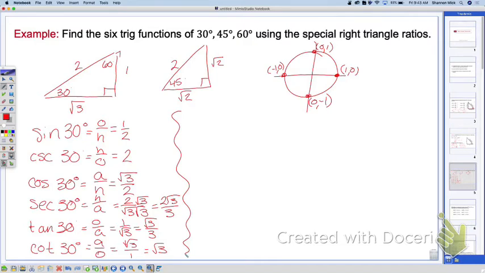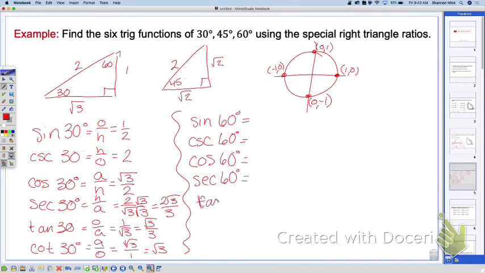Okay, so what should you notice about all of these? They're similar to the last, rearranged in a different order. The opposite and the adjacent switch.